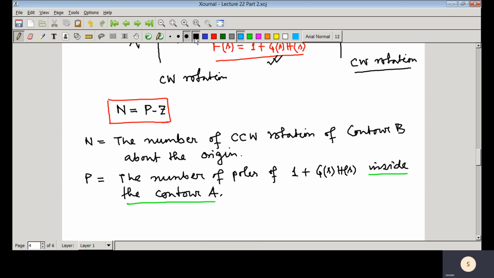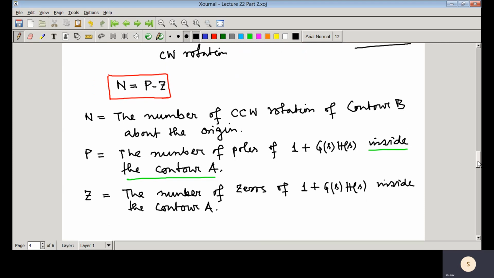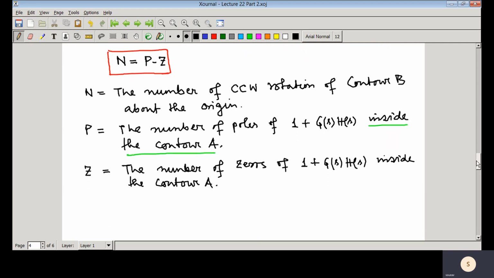And then what is Z? Z is the number of zeros of 1 plus G(s)H(s) inside the contour A. Similarly, that means how many zeros are there inside that contour, we need to consider, that is inside that contour.